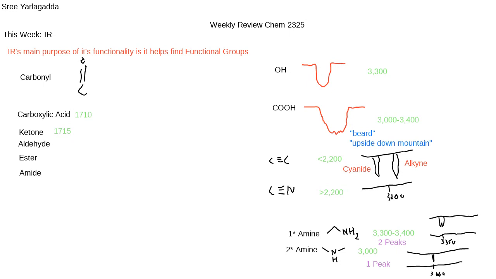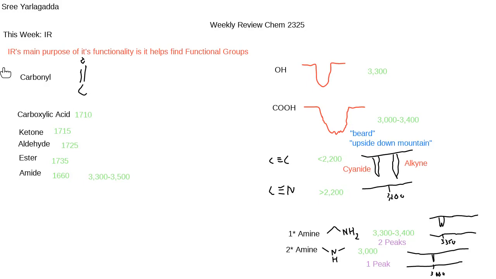Okay, around maybe 1725 is more accurate. And ester is around 1735. And amide is actually around 1660, but it's also around 3300 to 3500. The reason being is amide again has a carbonyl peak, but it also has an NH peak.